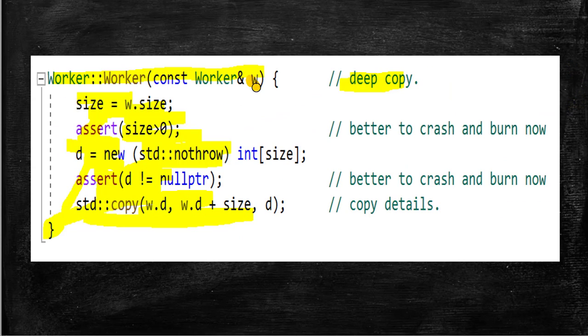Here's one where you give me a worker. This object already exists. I'm going to make a really deep copy. First, I'm going to ask the worker, how big are you? I'm going to check the size is not 0. I'm much smarter for this code. Then I'm going to ask the system to create an array. Then I'm going to make sure that it did create an array.